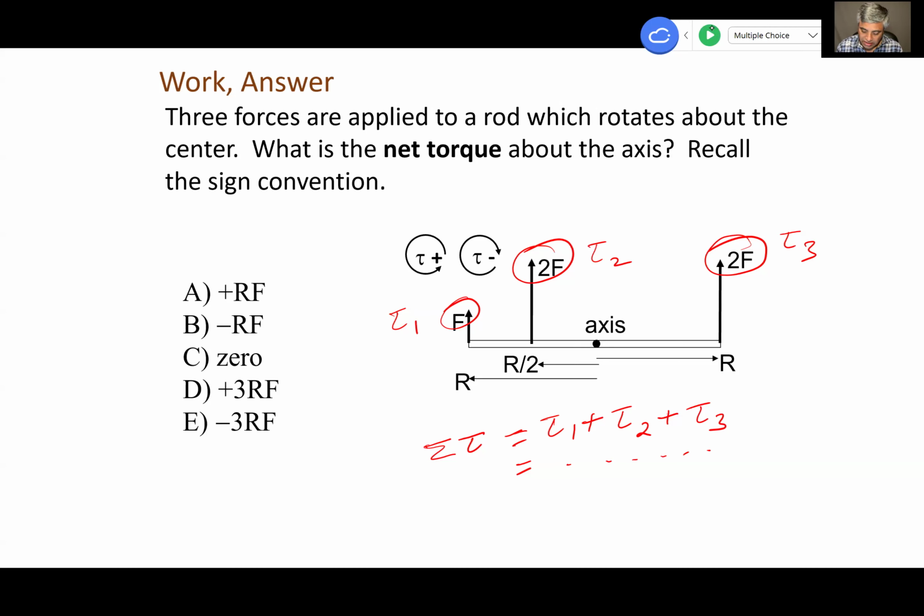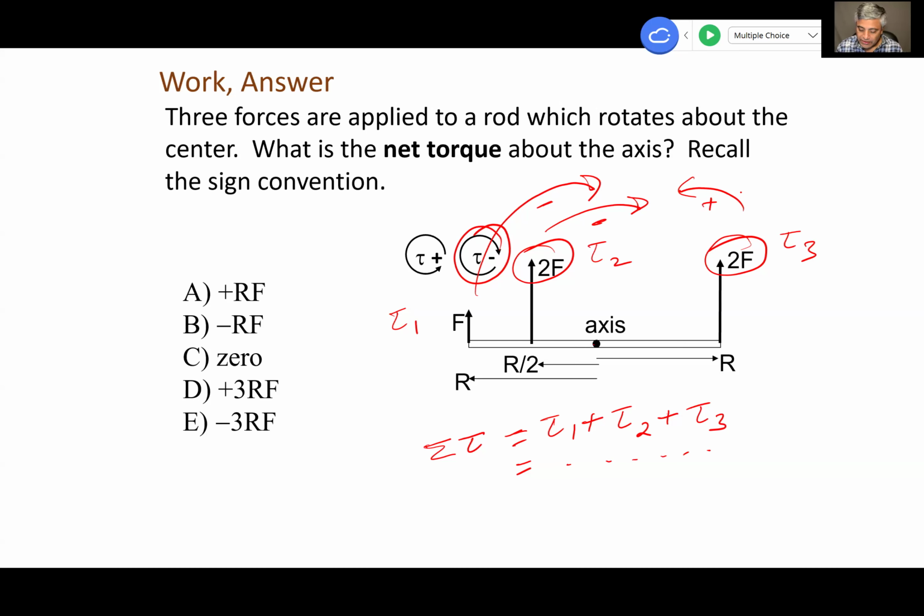Okay. So in this case, torque due to this force is how much? It is trying to rotate this way, meaning clockwise, that's negative. And this is also doing the same, so negative, but this one is on the other side, so that is positive.